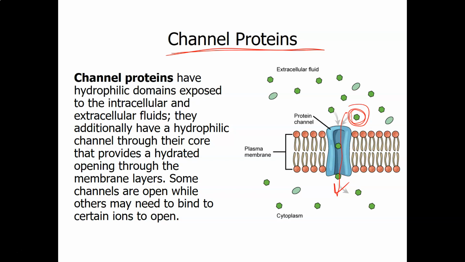It would have to diffuse through a channel protein. So where do you see the higher concentration of glucose? That is going to be in the extracellular fluid outside the cell. And then you see a lower concentration of glucose inside the cell. So again, glucose is going to move from high to low concentration, and no energy is required, but it just needs a channel protein. It cannot go directly through the phospholipids.